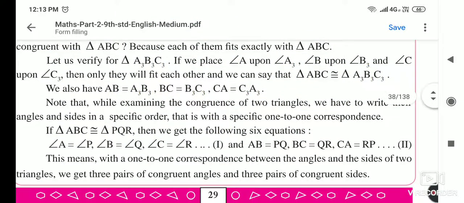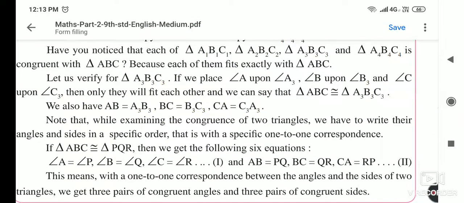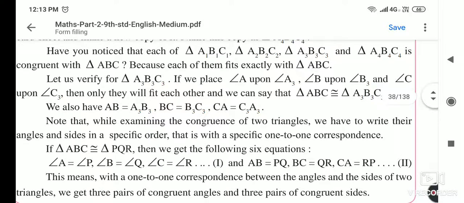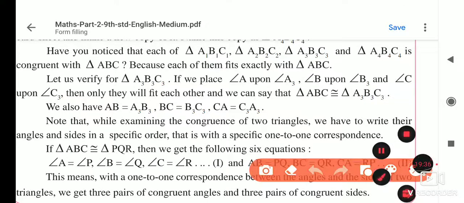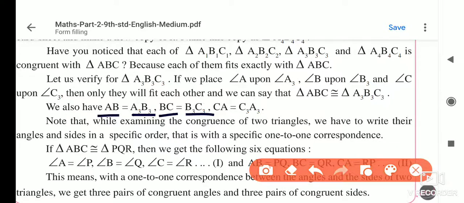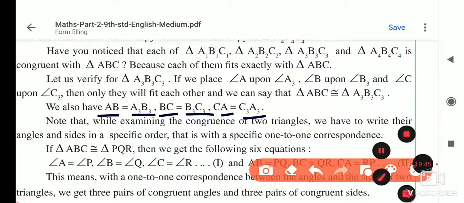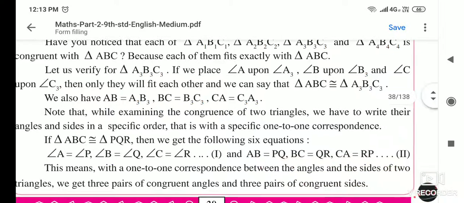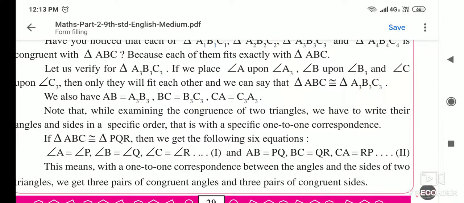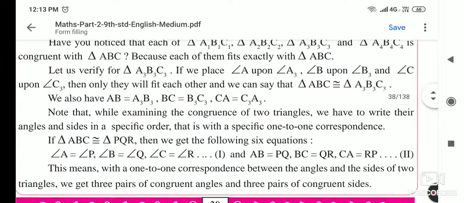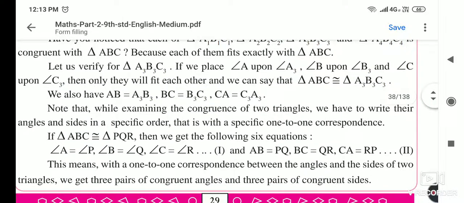Now here, the same thing I just taught you is given. AB is equal to A3B3, BC is equal to B3C3, CA is equal to C3A3. Next, note that by examining the congruence of two triangles, we have to write angles and sides in a specific order.